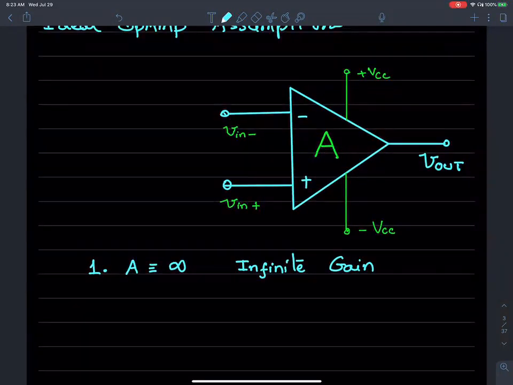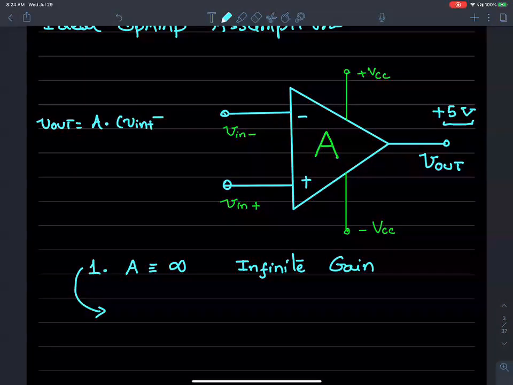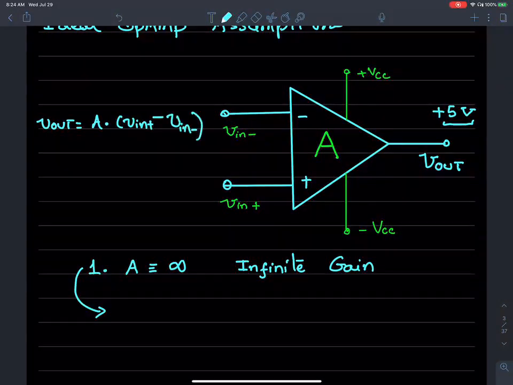Okay, so the idea from here is, let's say there is some value, plus 5 volts, on the output. Remember V output is A times V input plus minus V input minus, right? So A is V output over V input plus minus V input minus.